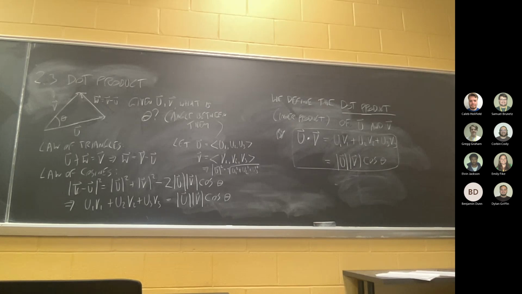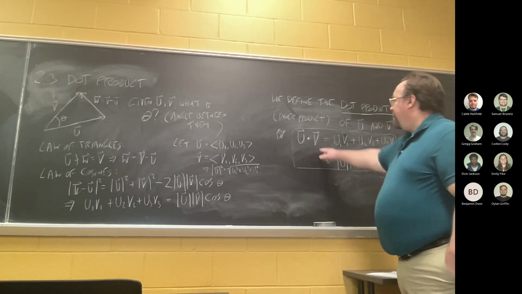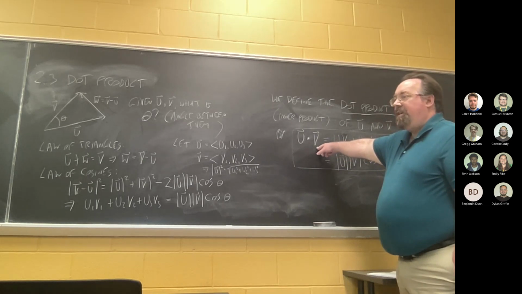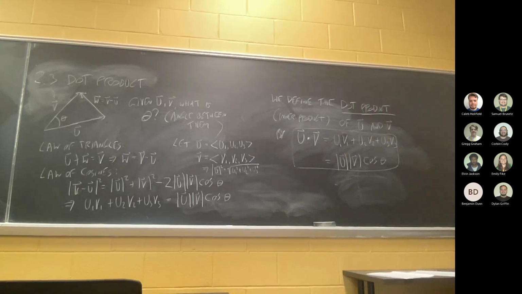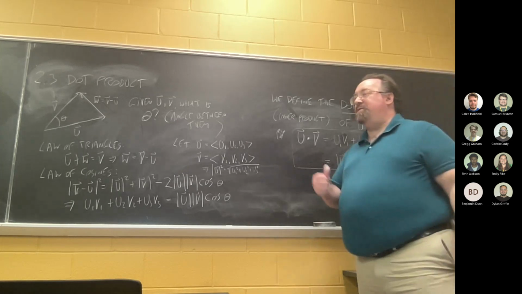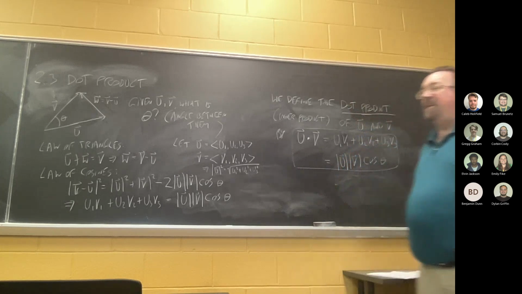Well, one way to think of it, especially if, for example, V is a unit vector, then U dot V is the component of U in the direction of V. In other words, how much is V contributing to U? The dot product can tell you that.